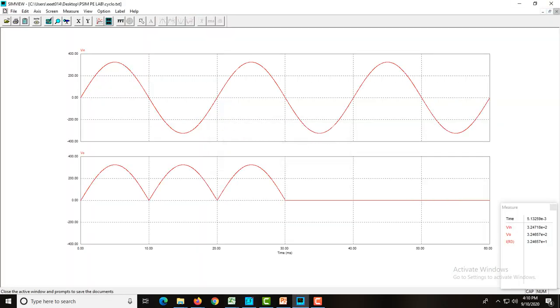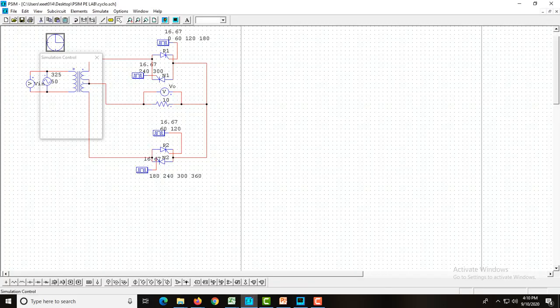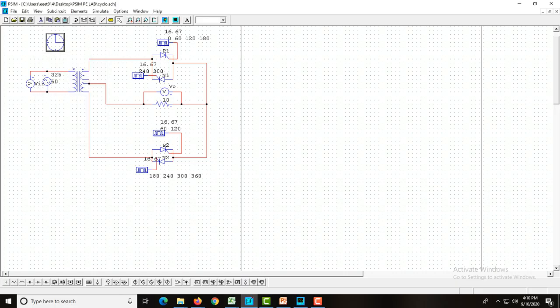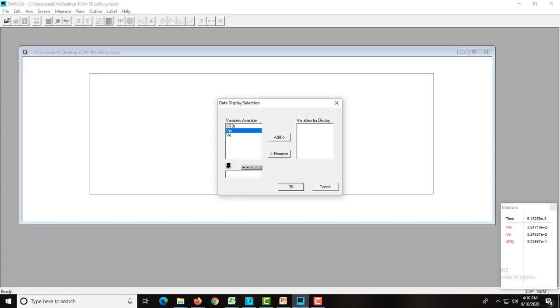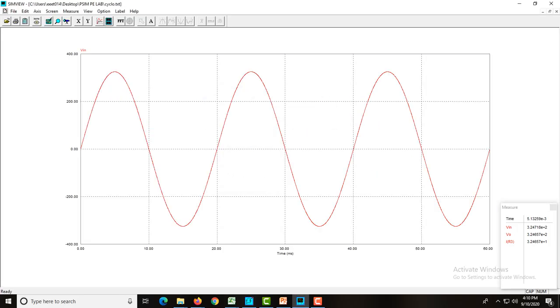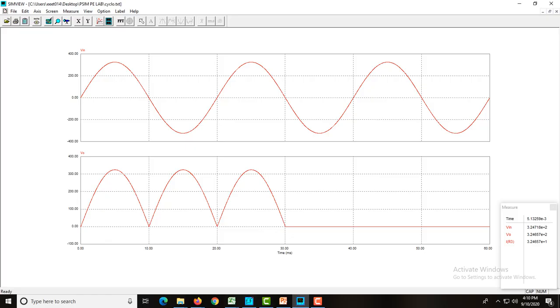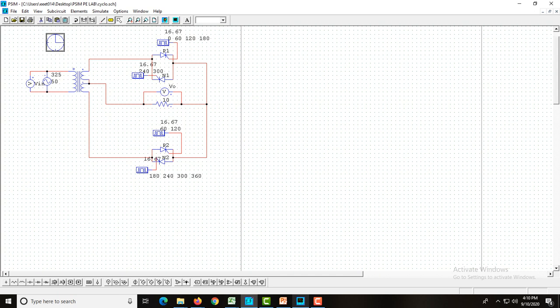In the negative half cycle, N2 will be 180 to 240. So here N1, right? We have to change over here.